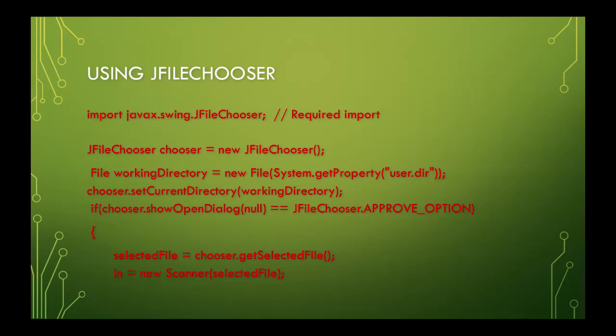On the next line, you can see that I'm creating a JFileChooser object instance called chooser. So JFileChooser chooser equals new JFileChooser. And then this other code isn't necessary, but you're going to want to use it every time because it's really helpful. Most of the time, I'm going to be writing this code in the context of a NetBeans project.